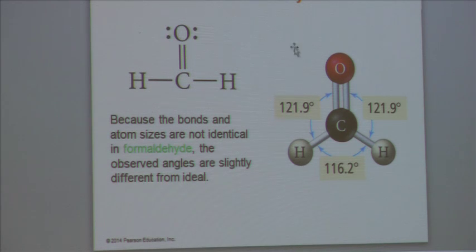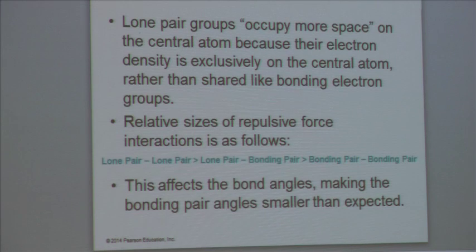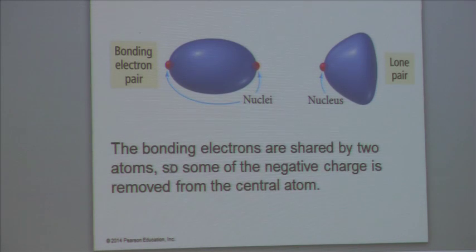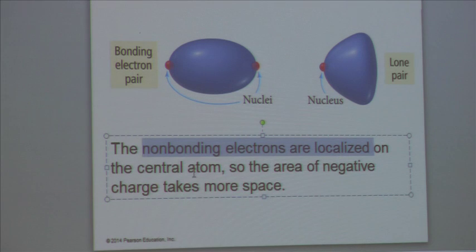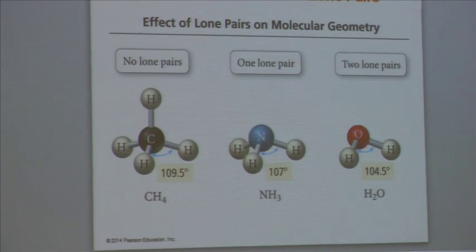Here, the lone pairs make the bond angles between the carbon-hydrogen bonds smaller than the C double bond O-H. So bonding electrons are shared by two atoms, while lone pair electrons or non-bonding electrons are localized on the central atom.